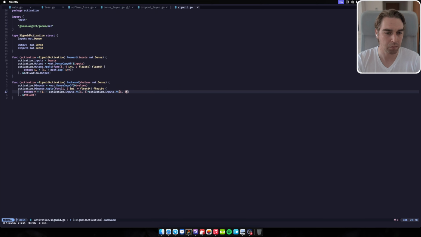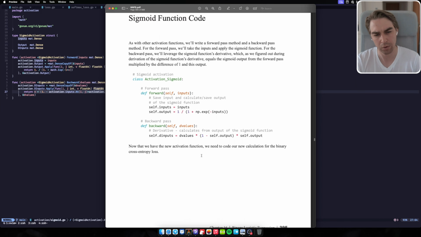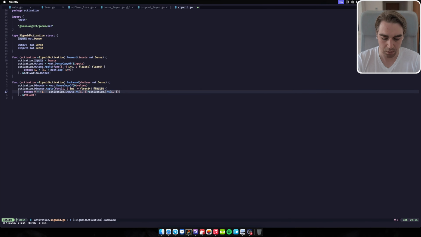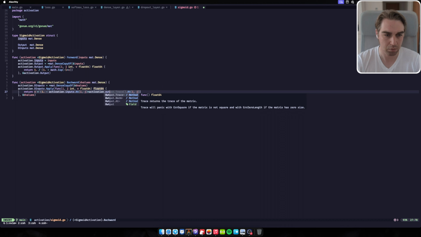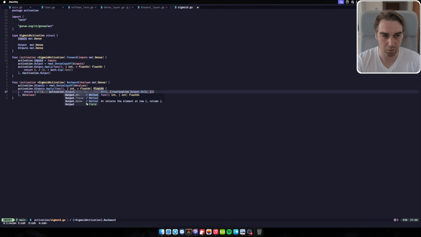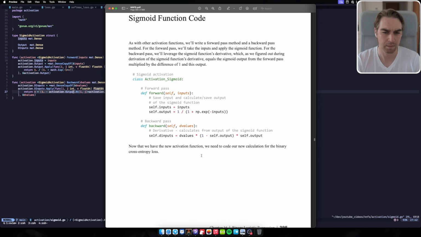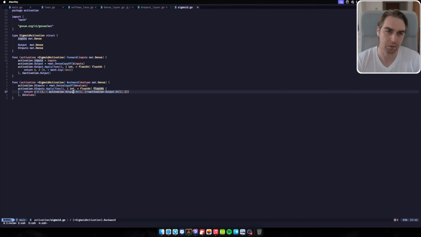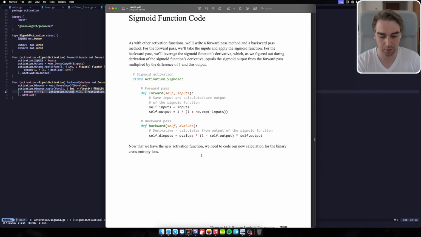Oh no, the outputs, not the inputs. To be honest, I'm not sure why I'm storing the inputs here, but okay. Let's just make it consistent.